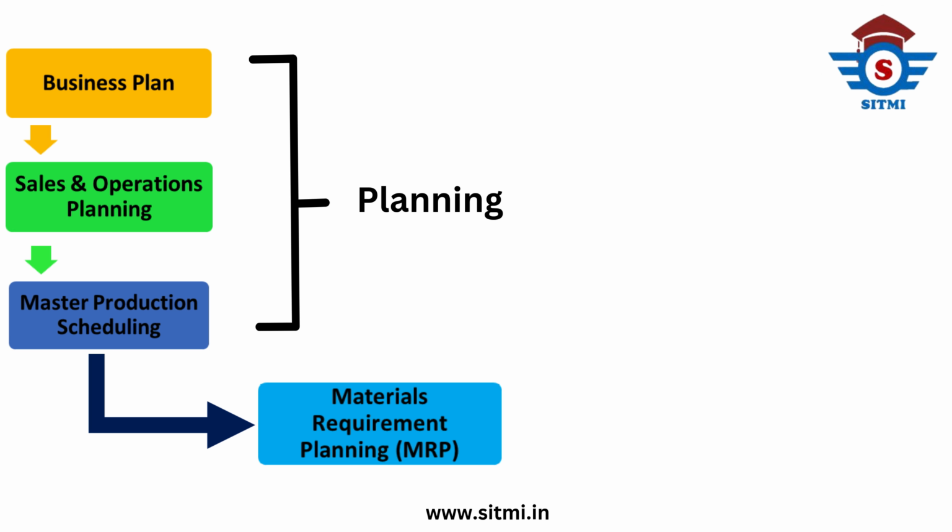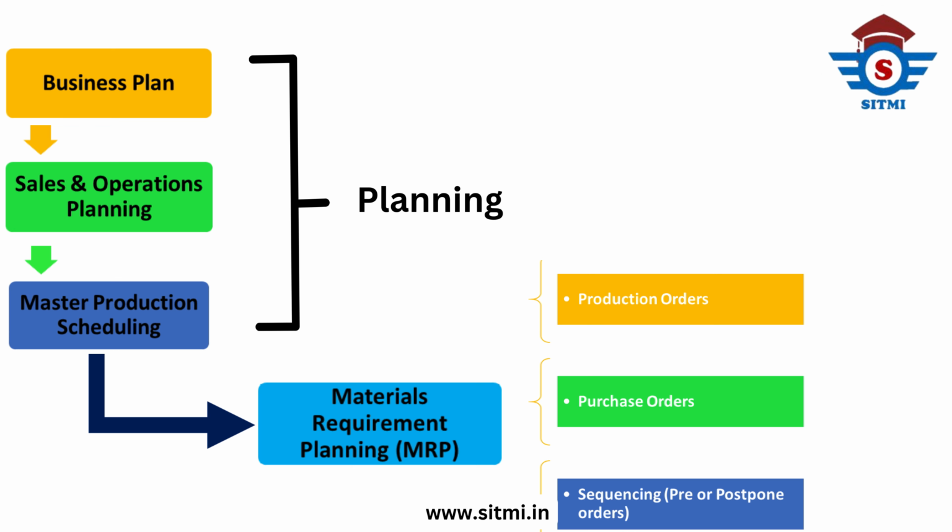Material requirement planning generates the required production orders or required purchase orders in the future, and the MRP plan also generates actions to make necessary changes in the sequencing of orders, like preponing or postponing the orders. MRP also plays a key role in scheduling the production orders and purchase orders.